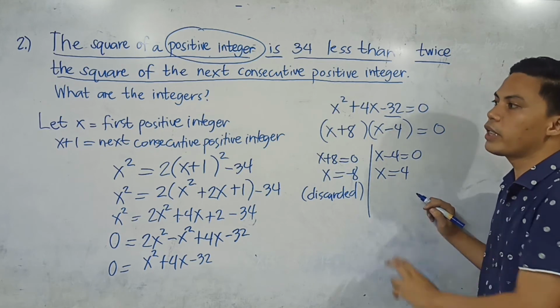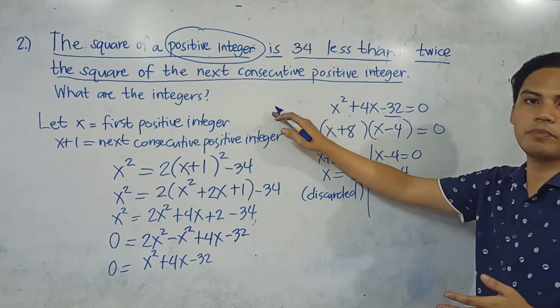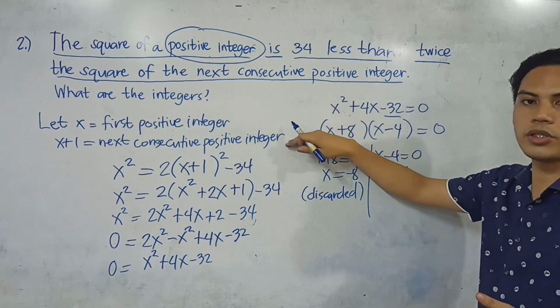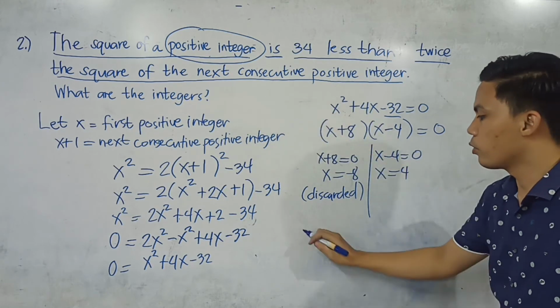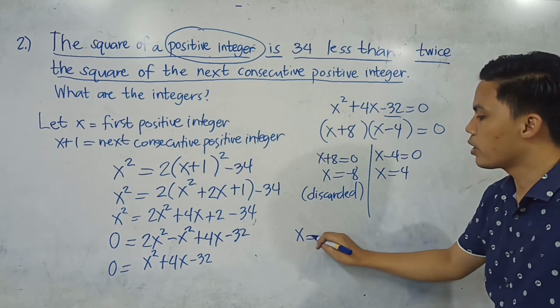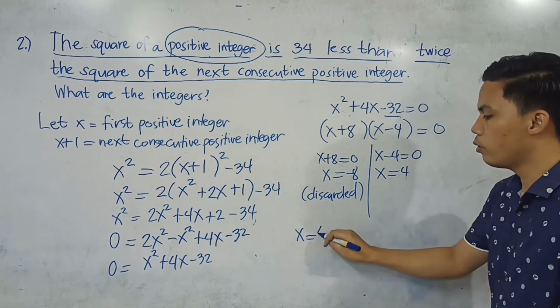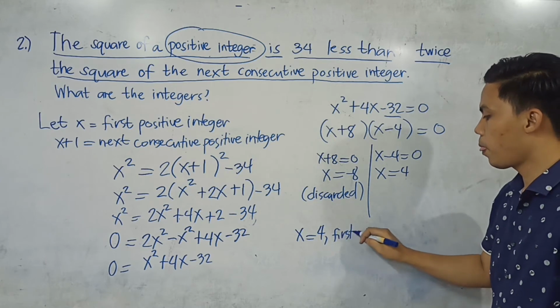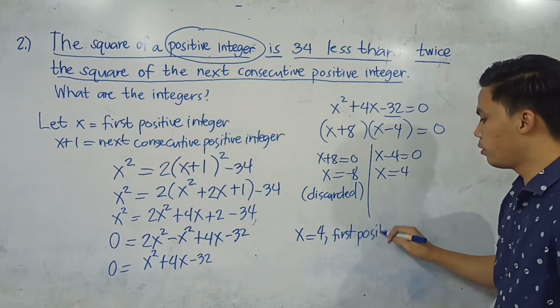Okay. Balik tayo ngayon sa representation. Ano yung hinahanap natin? We're looking for the first positive integer and the next consecutive positive integer. So, nakuha na natin si first positive integer which is equal to 4. So, 4 now is the first positive integer.